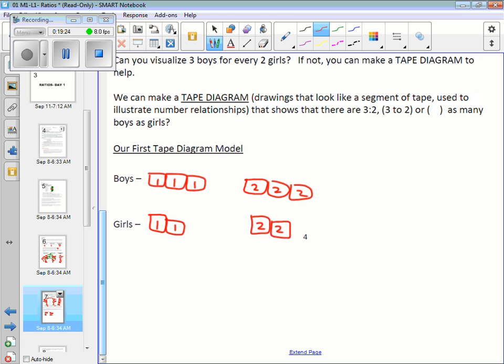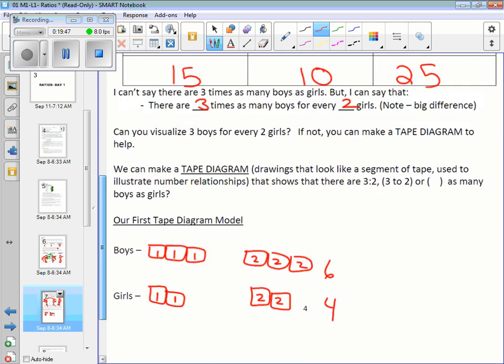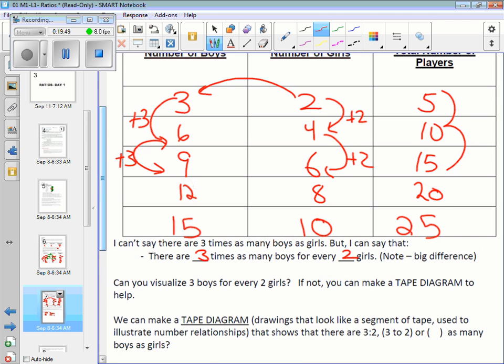If I tell you that the value of each box is 2, how many boys and how many girls are on that team? Alexandra. 6 to 4. Alexandra, you just created an equivalent ratio. Look back at your table. You did it up here too. 6 to 4.